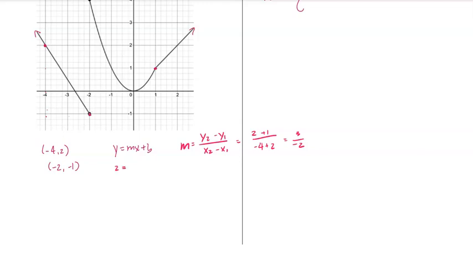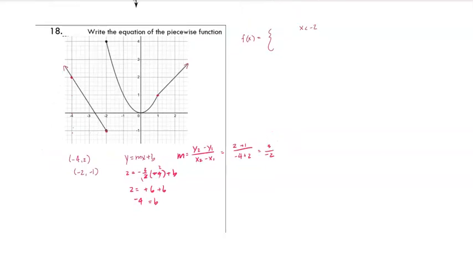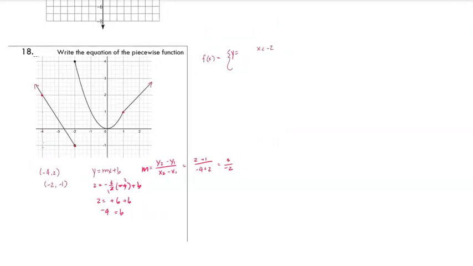Using one of the points: 2 equals negative 3 over 2 times negative 4 plus b. That's 6 plus b, so b equals negative 4. So that equation is y equals negative 3/2 x minus 4 when x is less than negative 2.